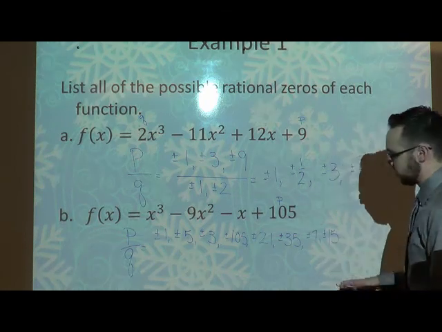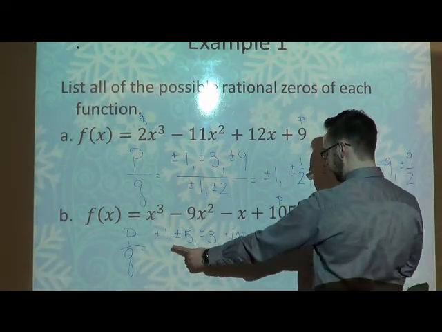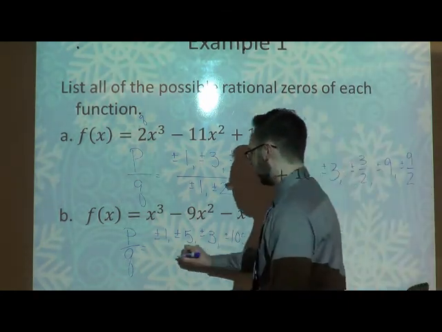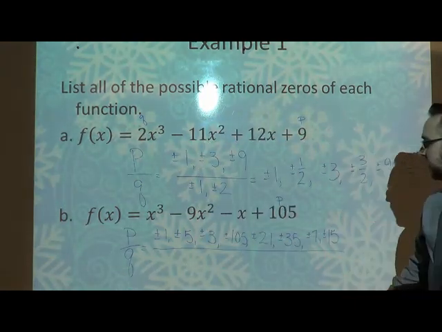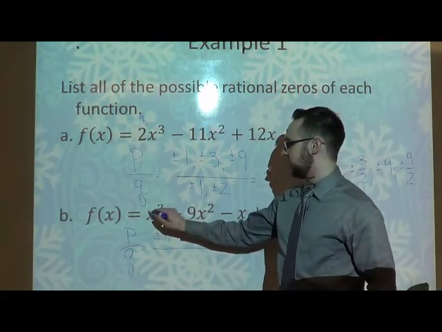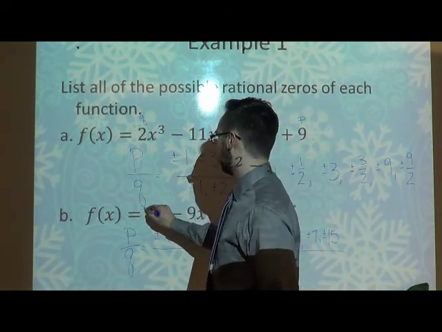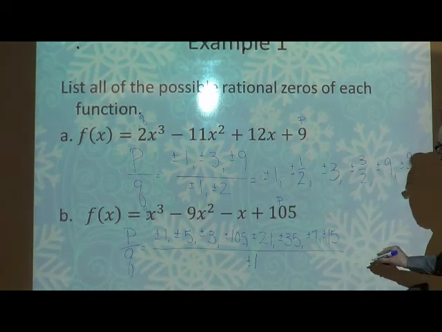So you don't have to put them in order, just as you come to them. So like 1 times 105, 5 times 21, 3 times 35, 7 and 15. Those are all factors of it. Now in the denominator, it's the leading coefficient, whoops, not PQ, which is just 1. So there are no fractions, it's just all of those numbers.